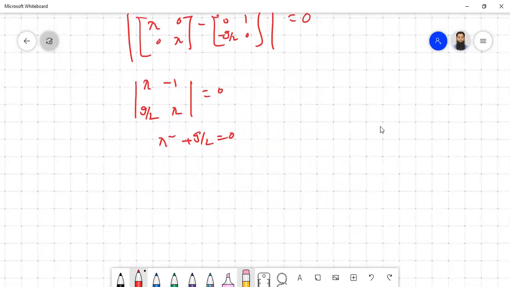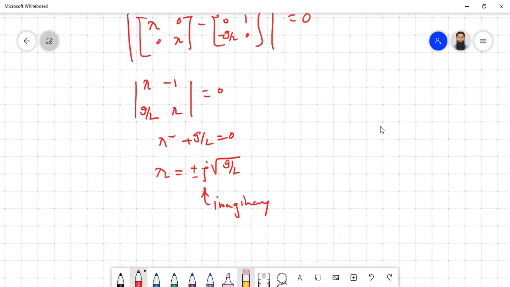So the lambda value is basically root over minus g by L, so plus minus j root over g by L. So what does it mean? It is a purely imaginary number, and we know that an imaginary number means that there will be some oscillation. So there will be no exponential growth or exponential decay.